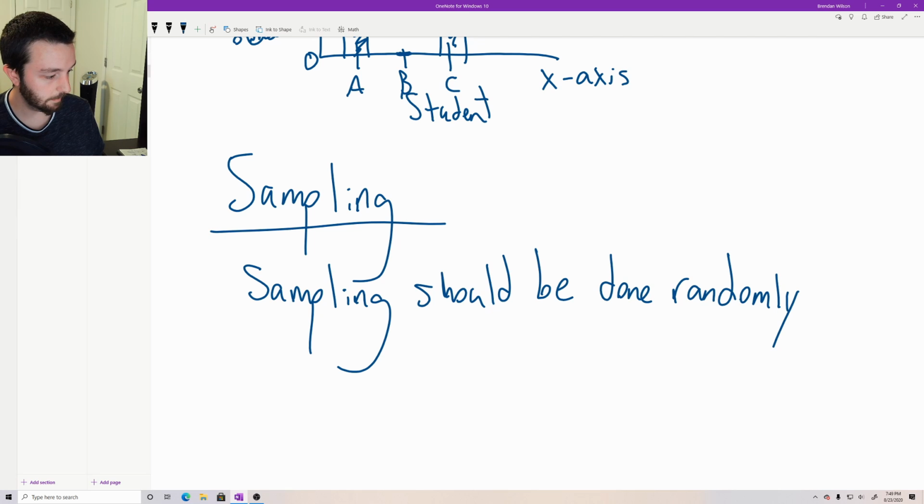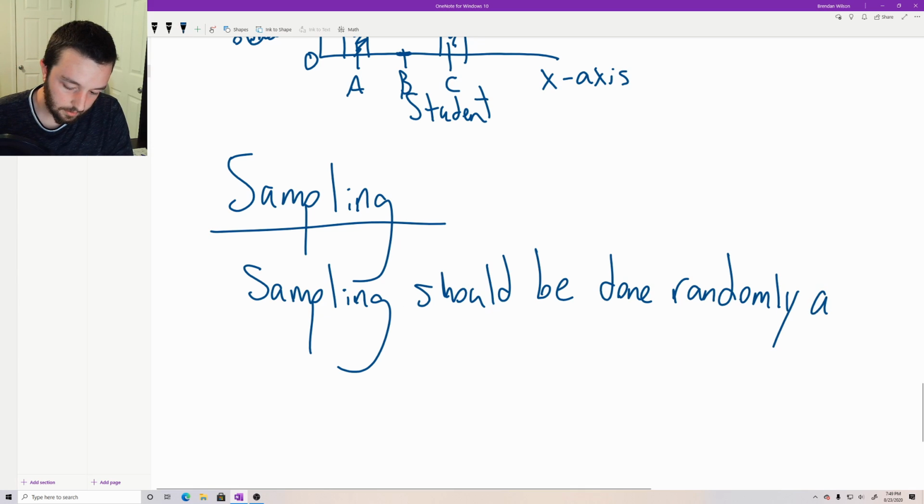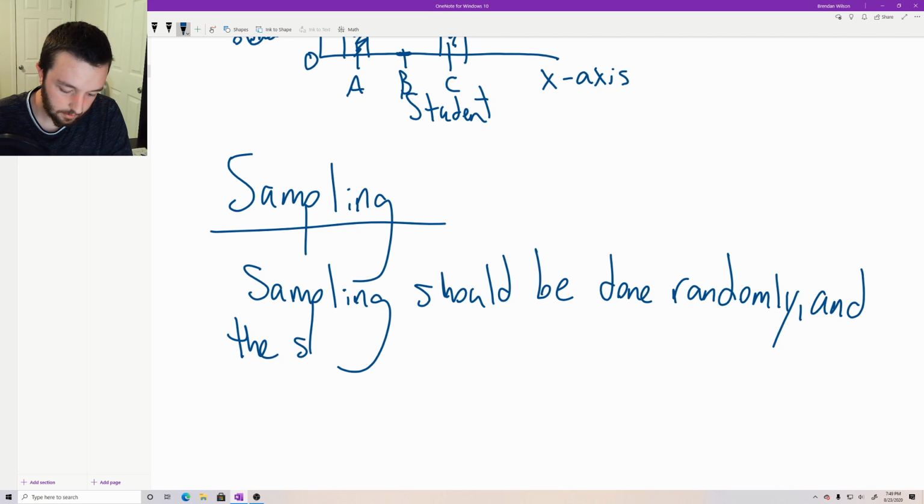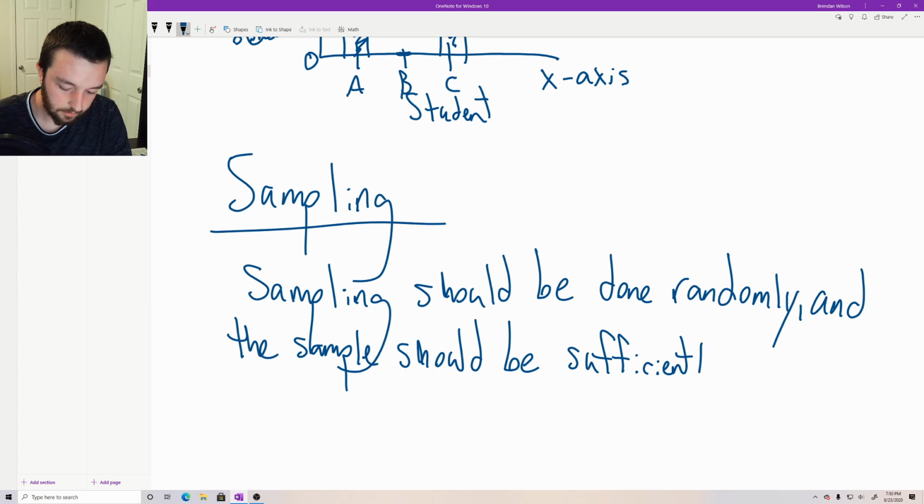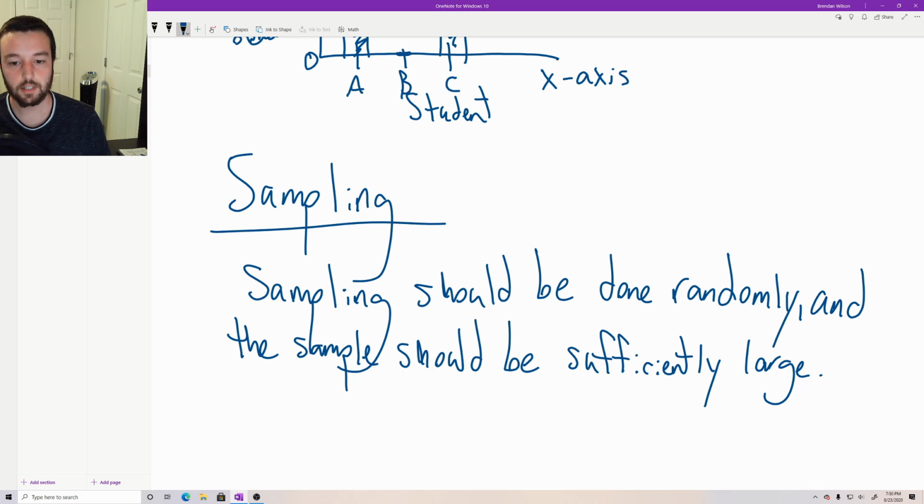It should be a random sample. And the sample should be sufficiently large. So the sampling should be done randomly, and the sample should be sufficiently large.